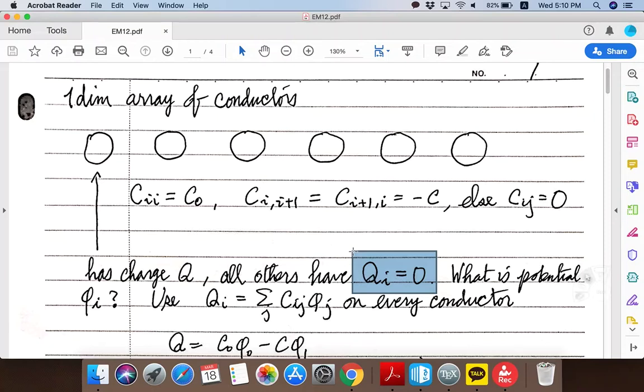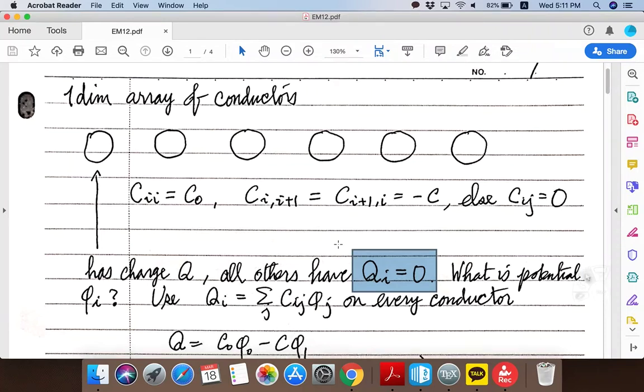And now the question is, what is then the potential for each one of these conductors, and whether it's possible to calculate these potentials without providing any further information, but solely based on the information I have already given, which is the charges sitting on each conductor.